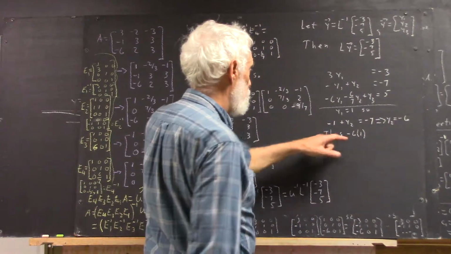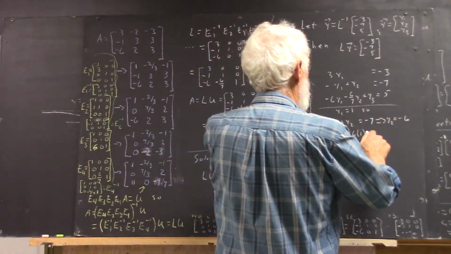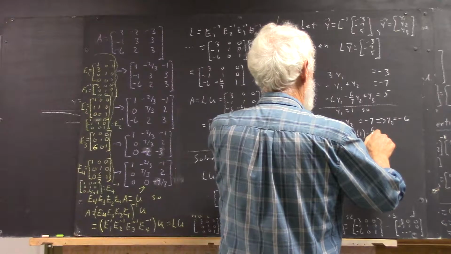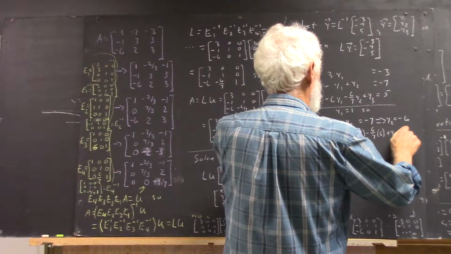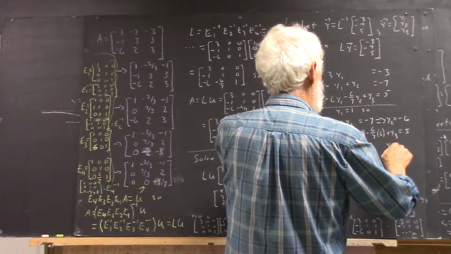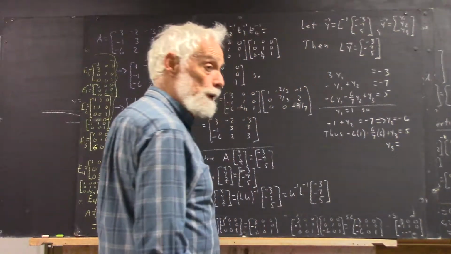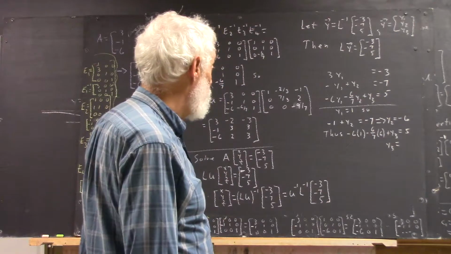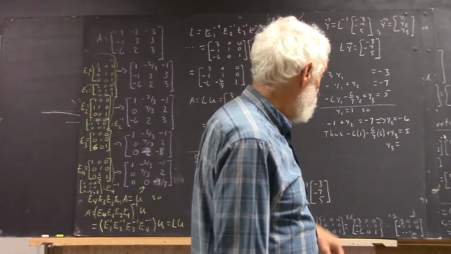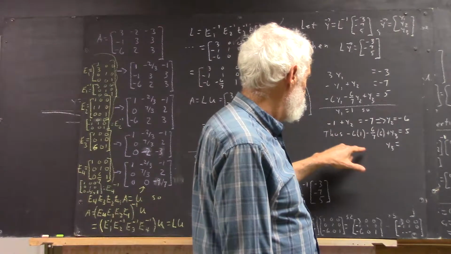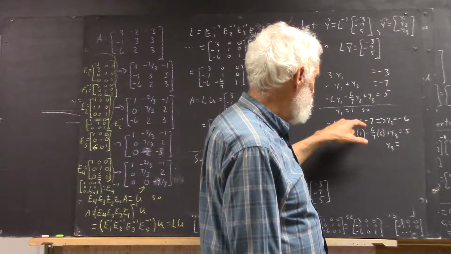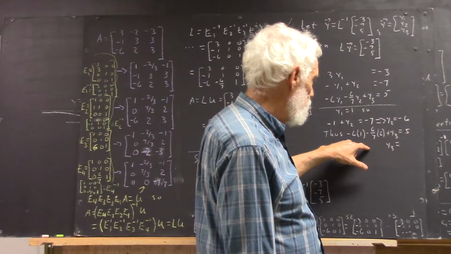We have -6 times 1 minus 6/7 times 6 plus y3 equals 5. So we get a solution for y3, and we'll work it out, it's in sevenths. That's -42/7, and this is -36/7.